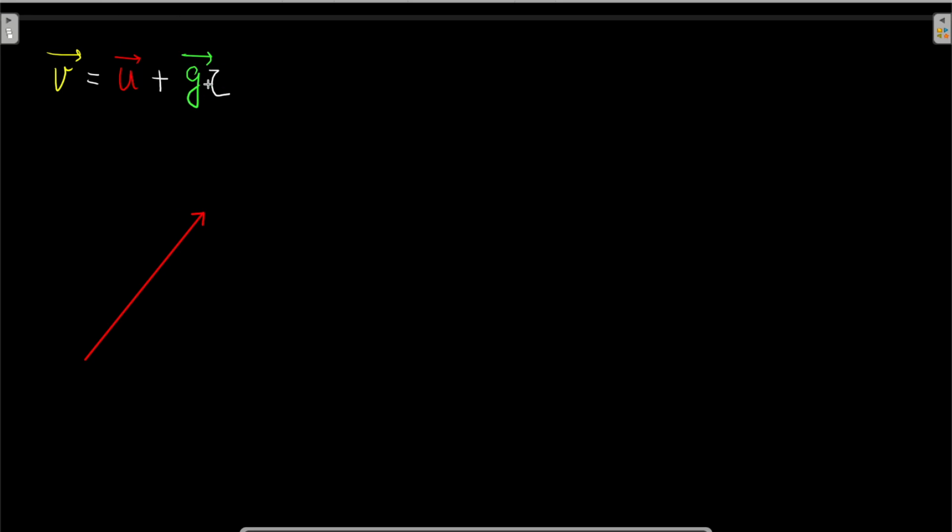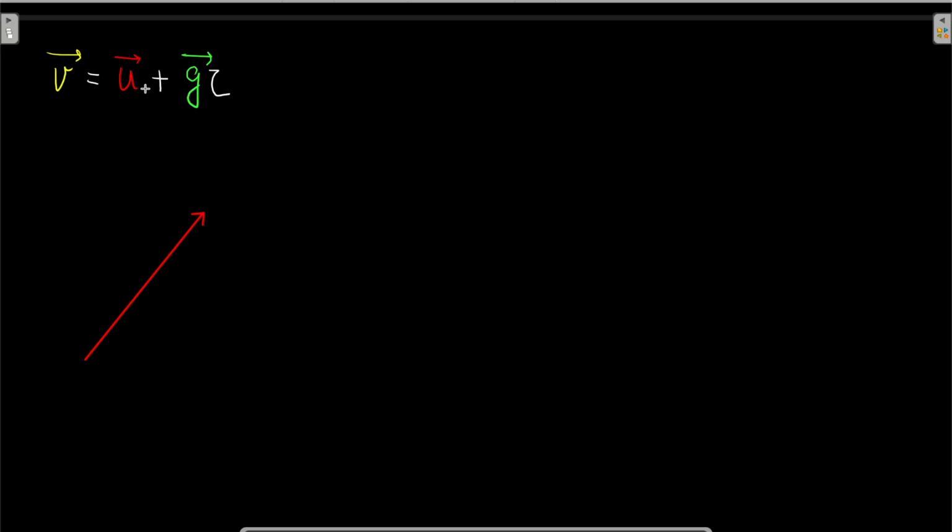For the gravity part, we know the magnitude of gravity should be 9.8 meter per second square. But since we are scaling it with tau, the length is not fixed now. It may vary with time, linearly, of course.